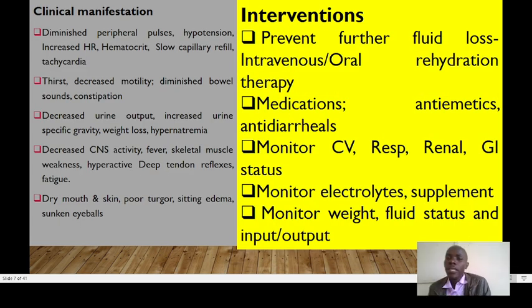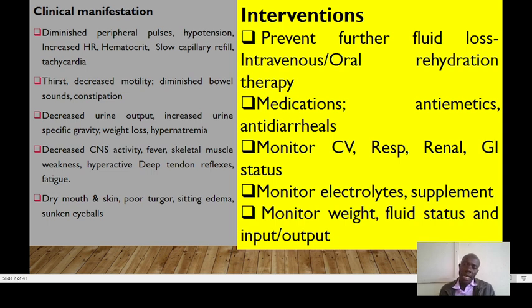In terms of signs and symptoms of fluid deficit, you could have diminished peripheral pulses, hypotension, increased heart rate just to compensate, increased hematocrit, and slow capillary refill. Normally it is less than 3 seconds, but that could now be more than 3 seconds.